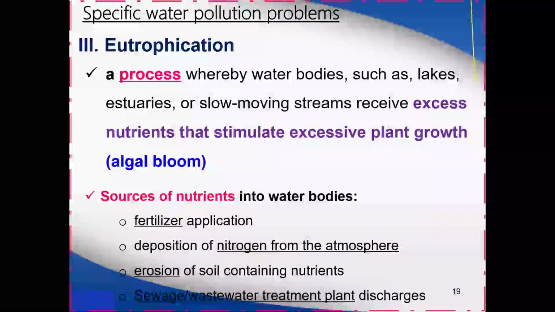Then sources of nutrient into water bodies: fertilizer application, decomposition of nitrogen from the atmosphere, erosion of soil containing nutrients, sewage and wastewater treatment plant discharges. Yes, the factory, what do you discharge? All of them. So these are some of the effects of water pollution.